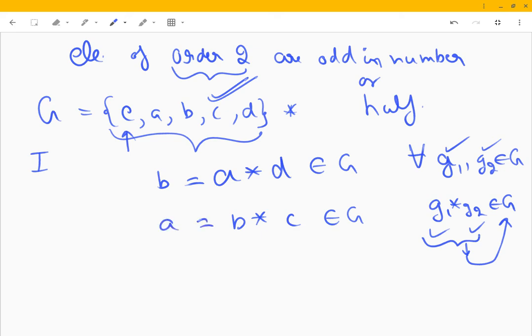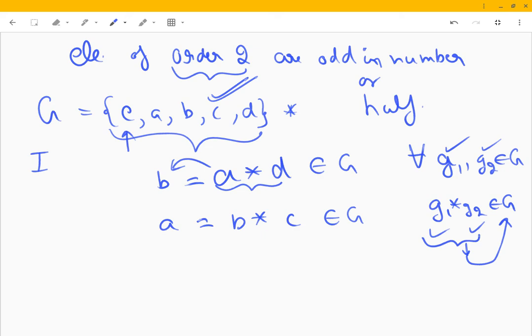We'll not go into whether it is possible or not. Just focus on the concept of closure. If we operate 2 elements on each other, we get another element from the group itself. We cannot get F, which is not even present in the group, right? This is closure. Now, this is an extremely important property to determine the order and the elements of order 2 specifically. So E, A, B, C, D, this is our group, right?